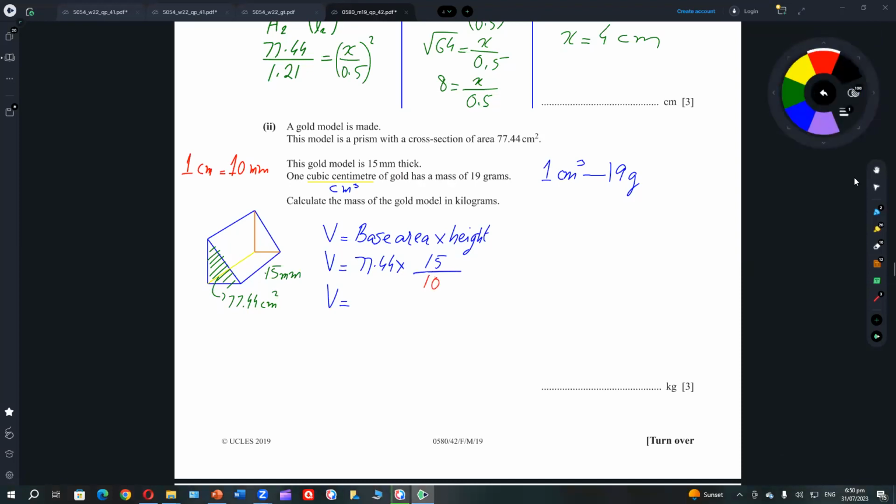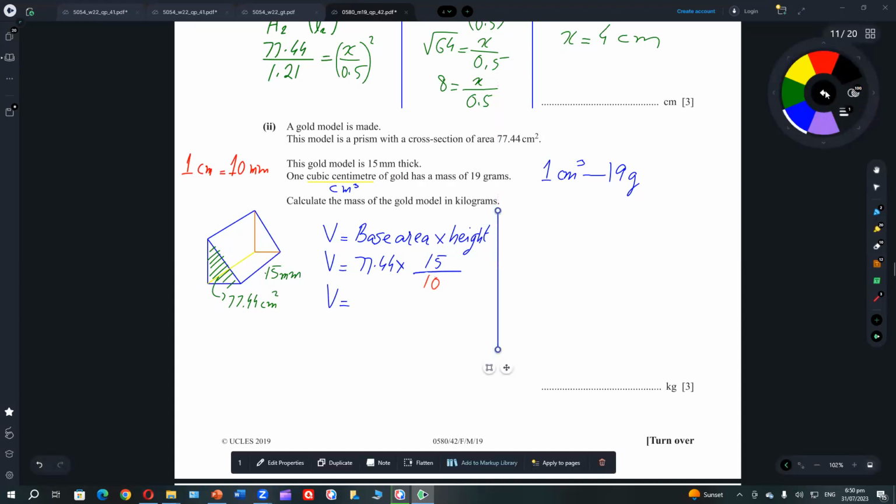Why am I dividing by 10? Because you're converting it into a bigger unit. I need to convert it into 1 unit. So it's going to be 1.5.